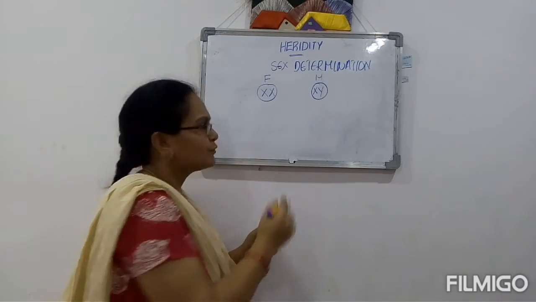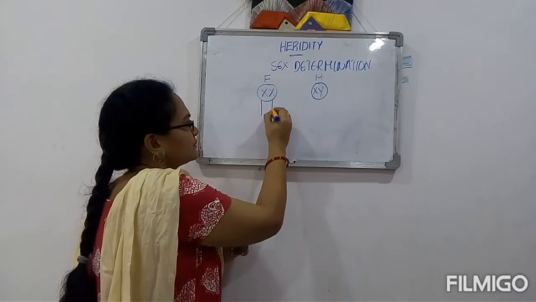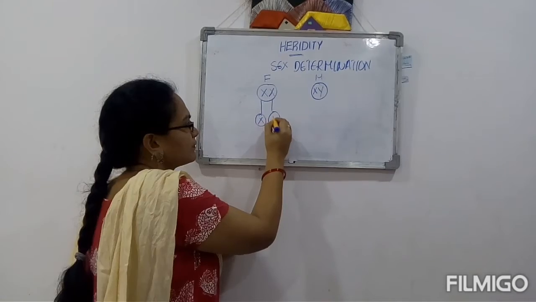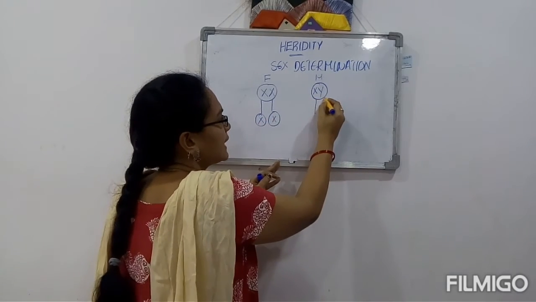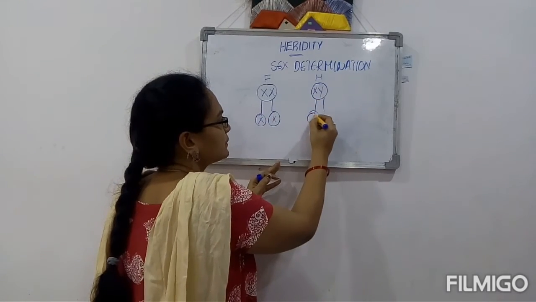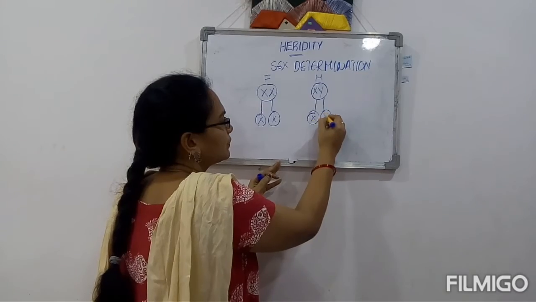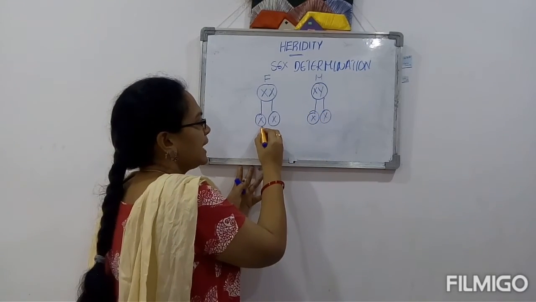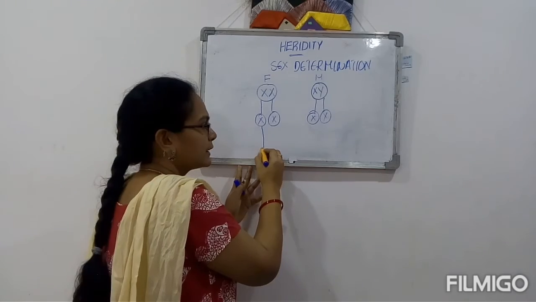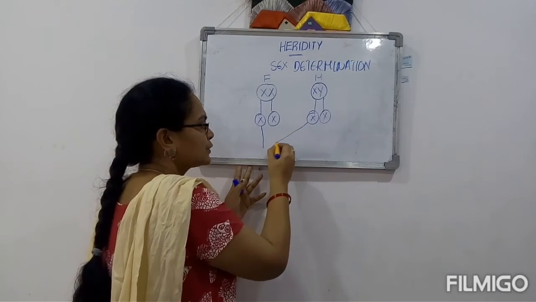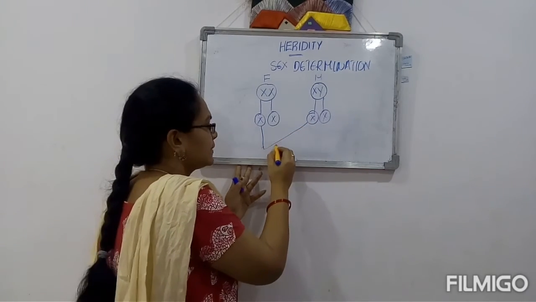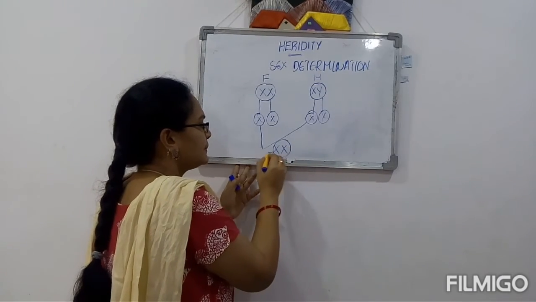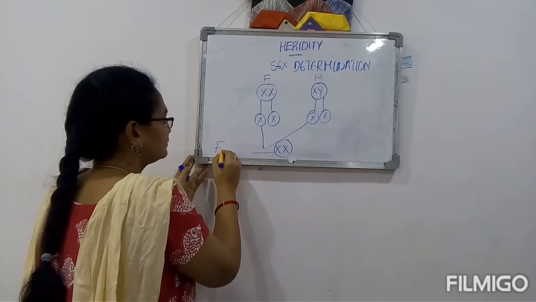So during reproduction, what happens? Females will form gametes. Here the male organism also will form gametes. During the fusion, if the X chromosome of the female organism fuses with the X chromosome of the male organism, the sex of the progeny formed will be female.